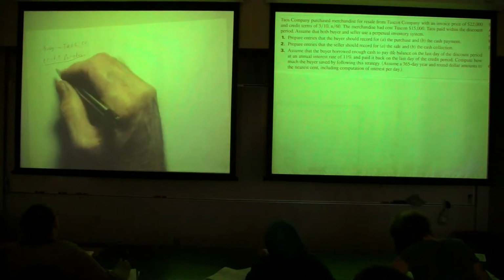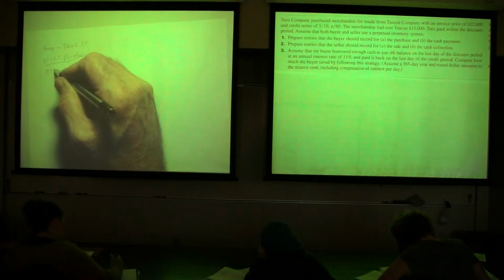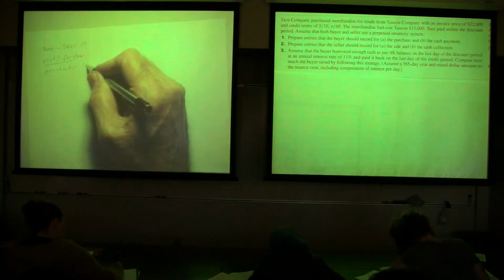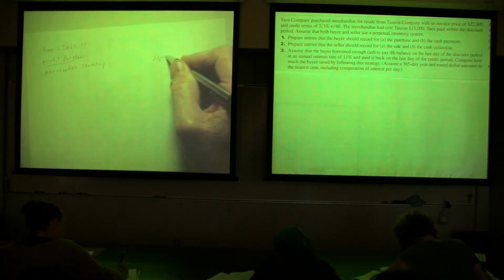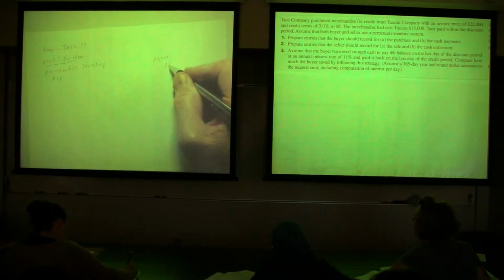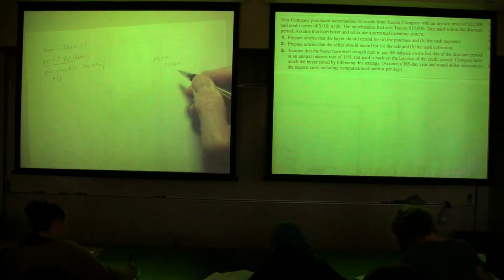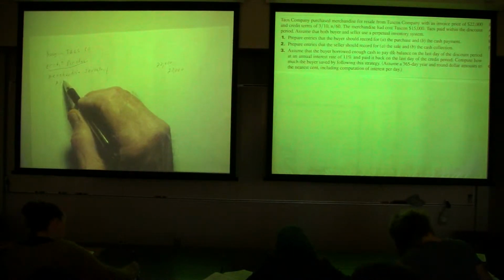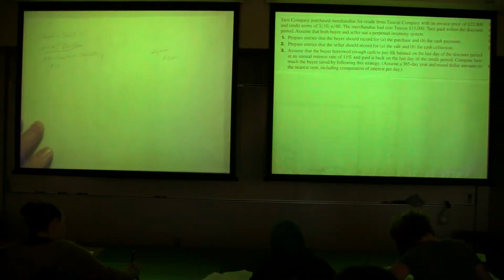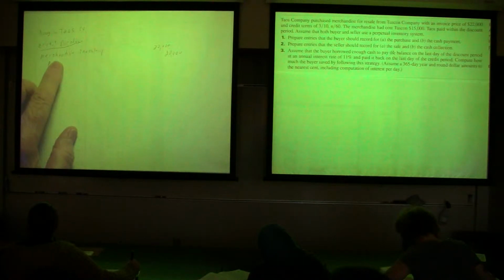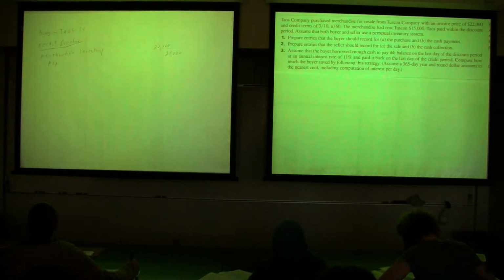We're going to debit merchandise inventory for the $22,000, that's what they paid, and we're going to credit accounts payable for the $22,000. Okay? Now, don't forget, because it's the perpetual system, we just enter a purchase, we buy the asset and record it as an asset, and it's the asset's inventory.